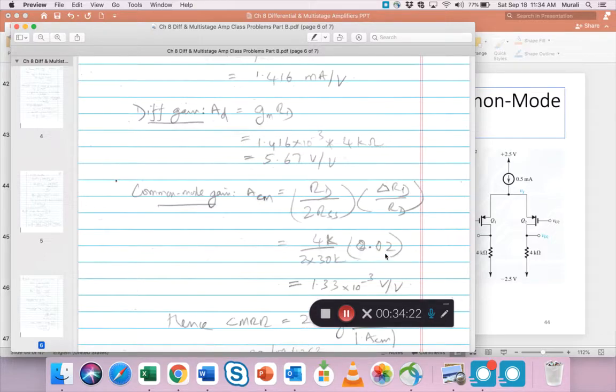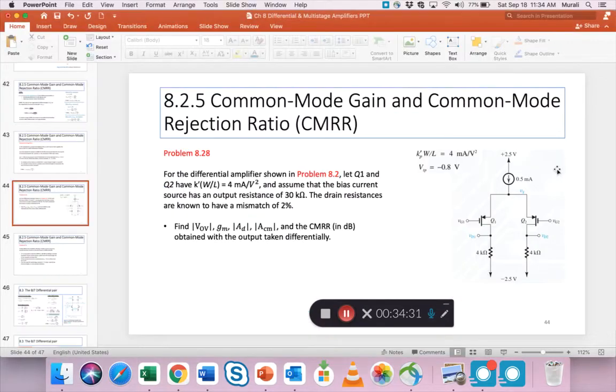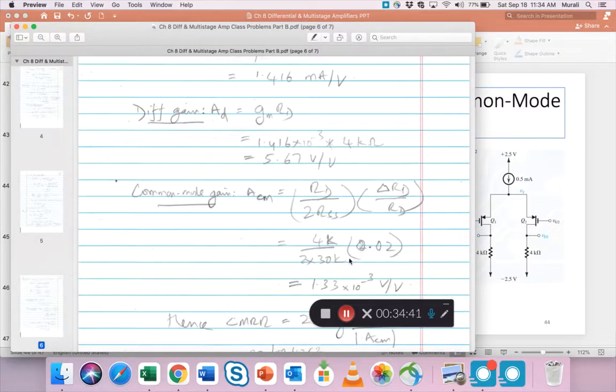Make sure you understand what 2% becomes in the formula. The rest of it we are given. This is 4K. RSS, so he does talk about that. Remember, the bias current source has an output resistance of 30K. So this 30K is the RSS you use in this formula.